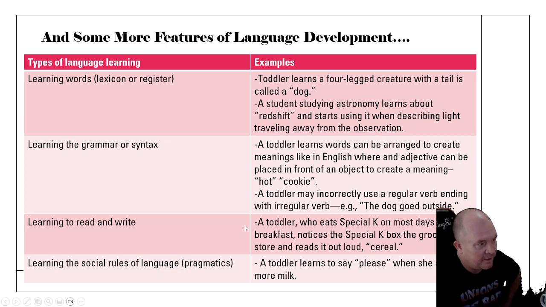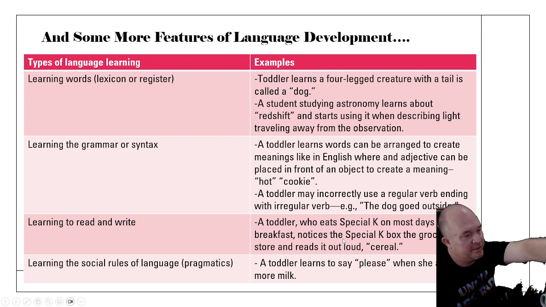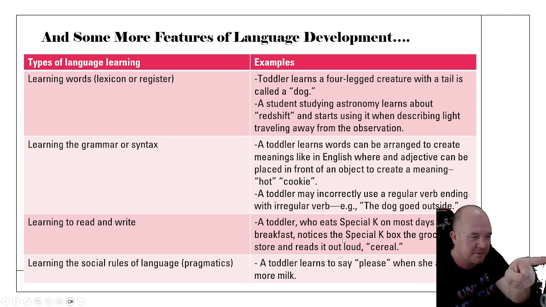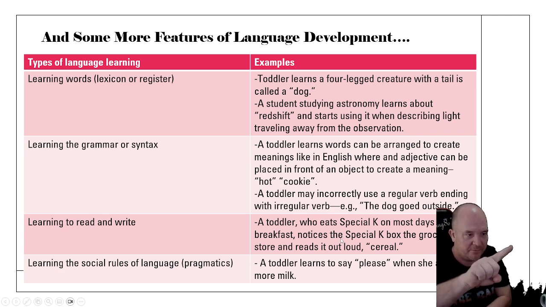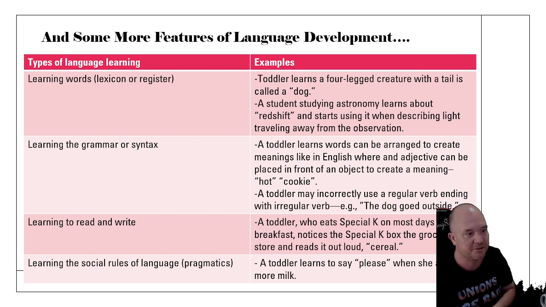One day we're walking in the cereal aisle at the grocery store, and my daughter points to the box. She almost finger reads the different letters, and she goes, "This says cereal."